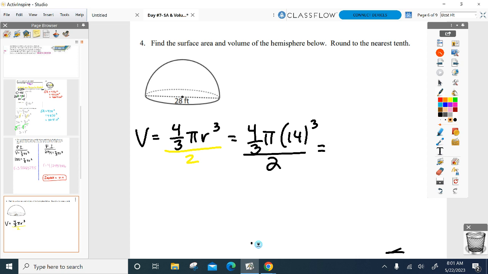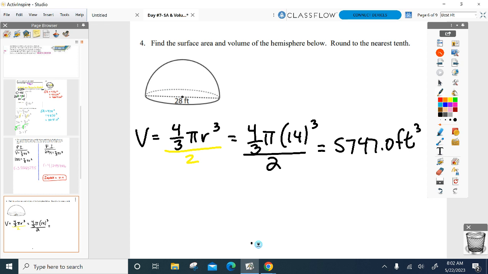So divide that volume by 2. 5,747.0 to the nearest tenth.